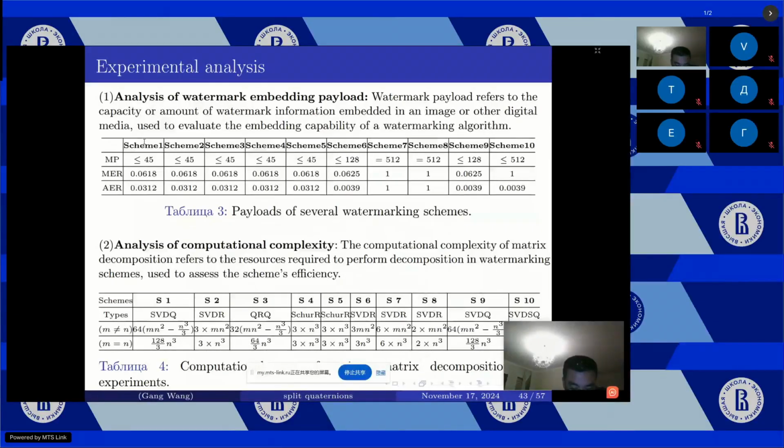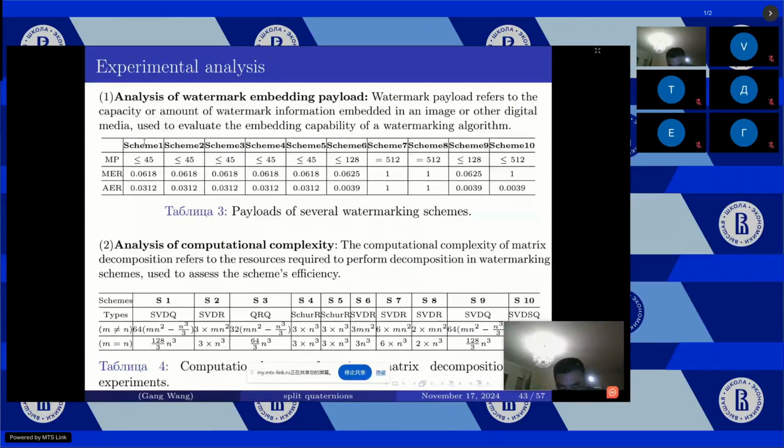Second, analysis of computational complexity. The computational complexity of matrix decomposition refers to the resources required to perform decomposition in watermarking schemes, used to assess the scheme's efficiency. In Table 4, larger values indicate a higher computational complexity.